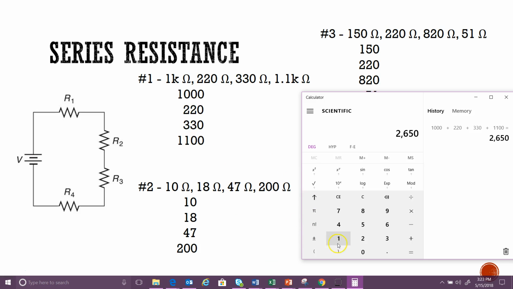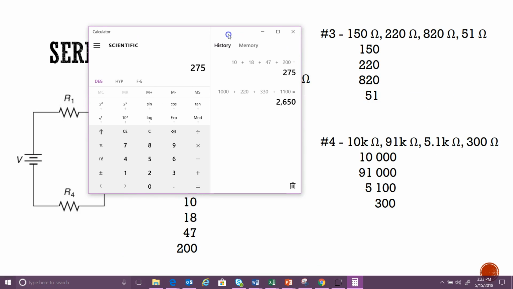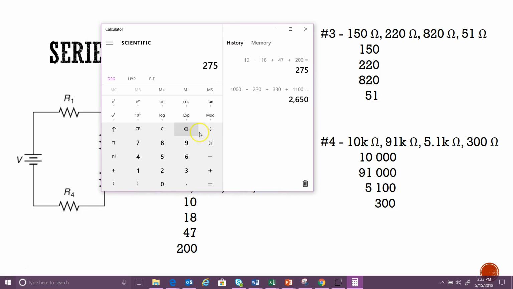In this example, we don't have any K's, so we just add them all up together. And again, in number 3, there's no variation here, so we just add them all together.